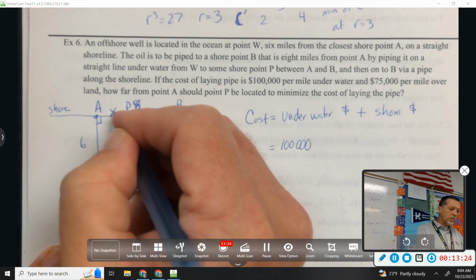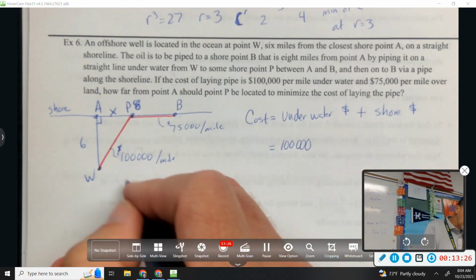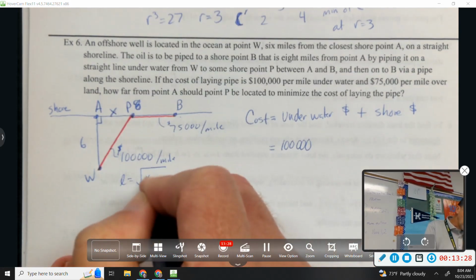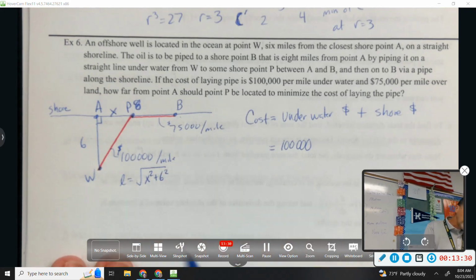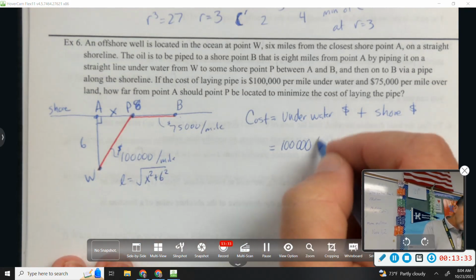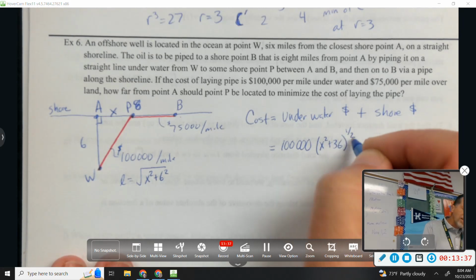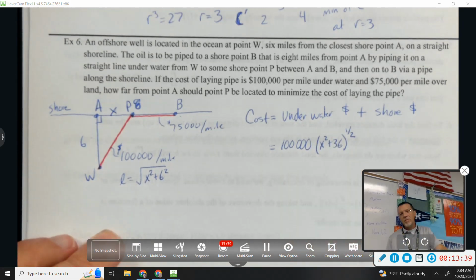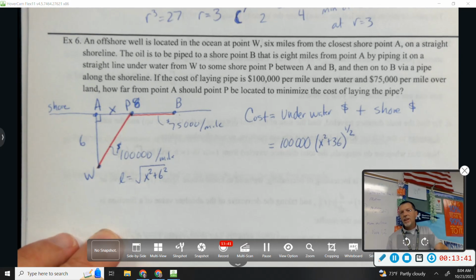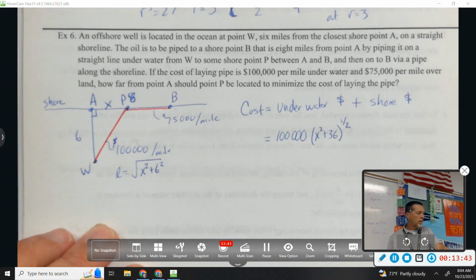Yeah, hypotenuse of x and 6. So that's the square root of x squared plus 6 squared. So I'm going to write that as x squared plus 36 to the 1/2, because I'm already thinking I'm probably going to need to do a derivative, and I don't want to do a derivative with square roots, so I'll put a 1/2 on that.